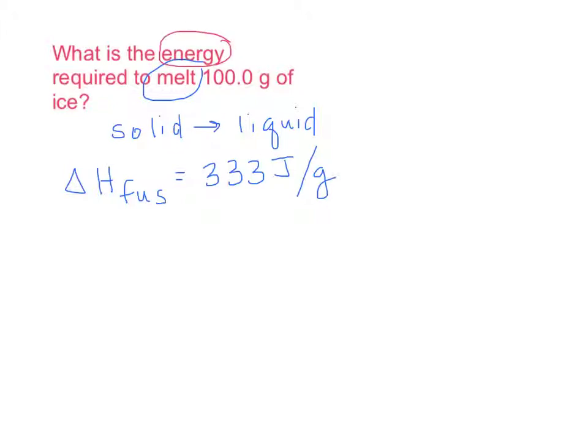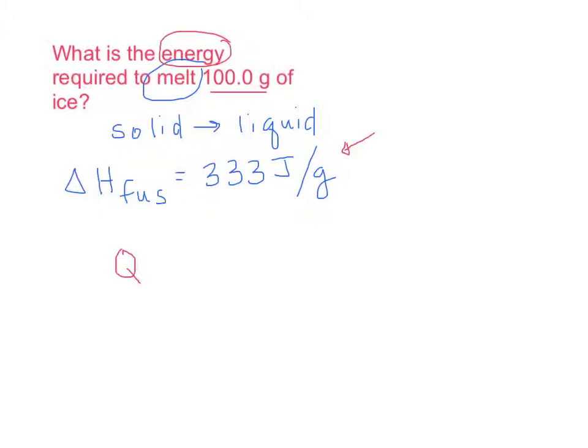Notice the question that we want the energy, and that's going to be represented by a value Q. So in order to get the energy, we just need the joules. So if you'll notice that in this constant, it's 333 joules per gram. So we need to get rid of those grams. So how do we do that? Well, we just multiply it by the mass, or the grams that are in the problem right there.